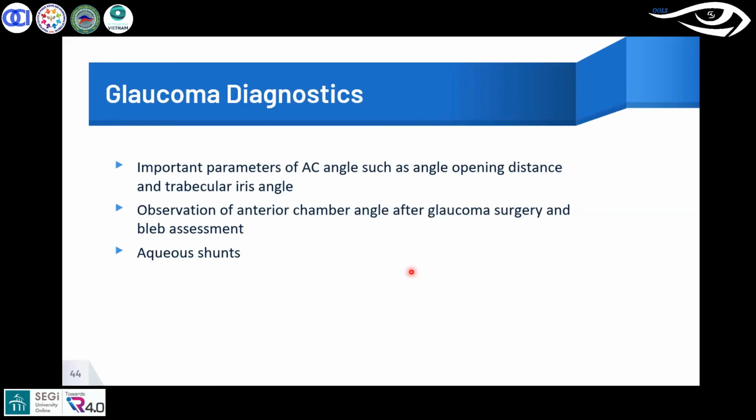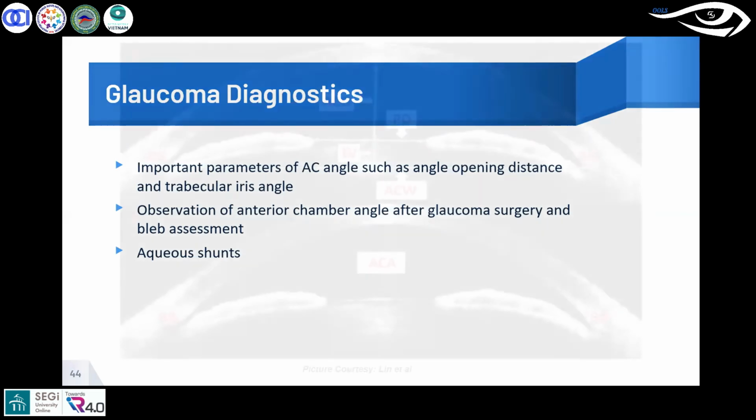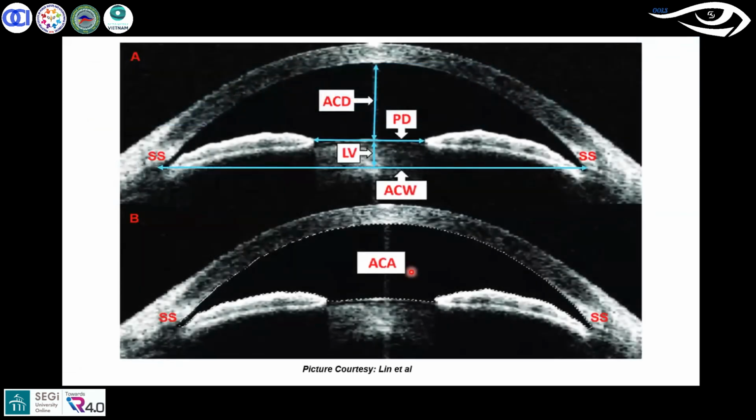And apart from that, you would also be able to visualize the anterior chamber post glaucoma surgery or in case of bleb assessment. And finally, you would use it for visualizing the shunts, which are done in very extreme cases. So this is an image showing the various measurements which are done.